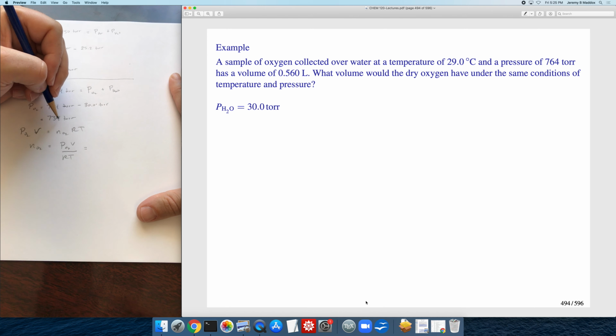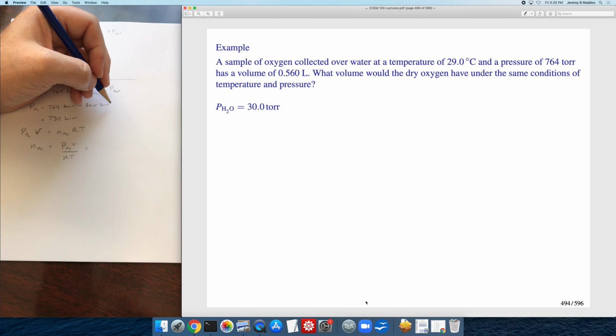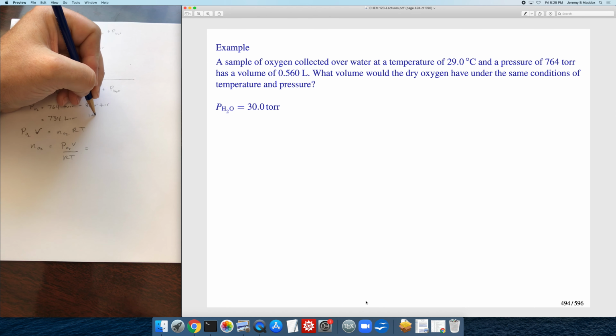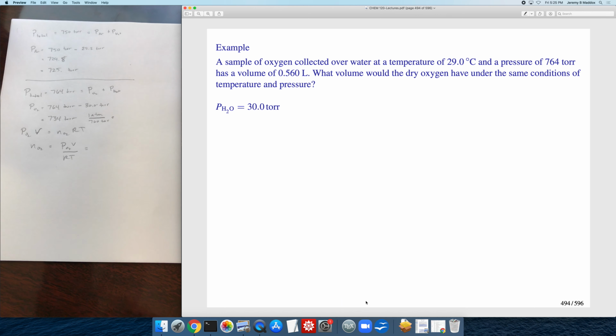We need to convert our 734 torr to atmospheres. And so one atmosphere has 760 torr in it. Recall that a torr is equivalent to a millimeter of mercury.